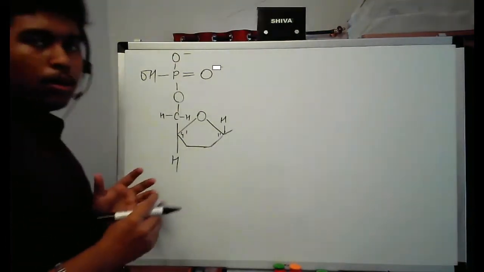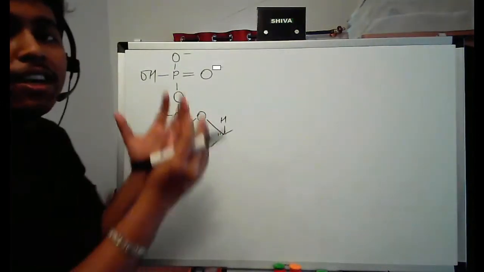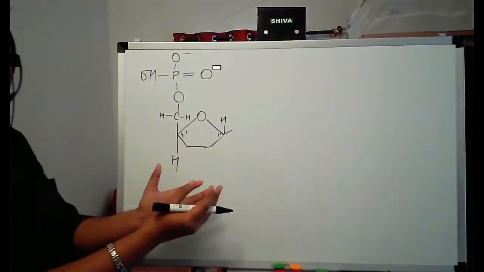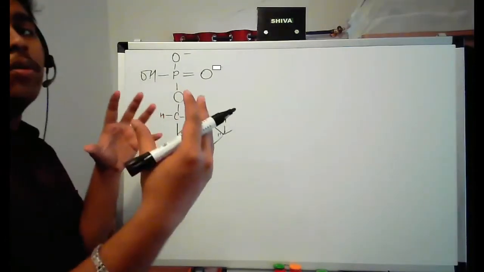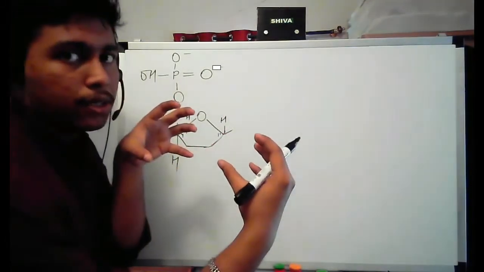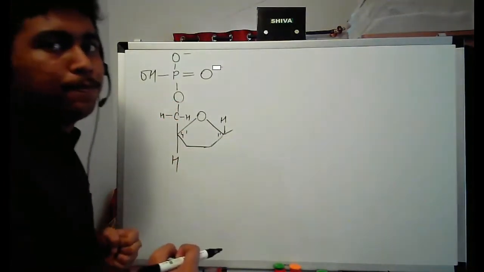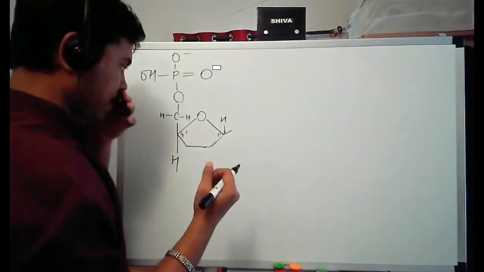So now, the most awaited part we have brought in is how the bases react with each other and form bonds amongst themselves, to give you the actual feel of DNA.